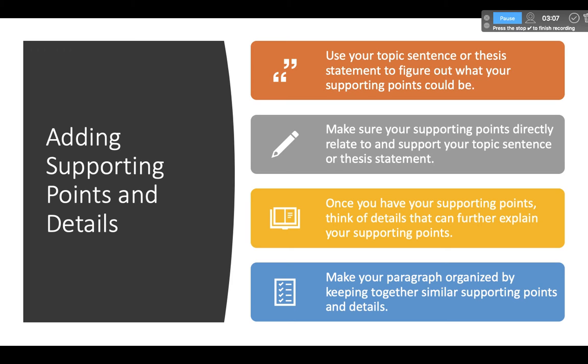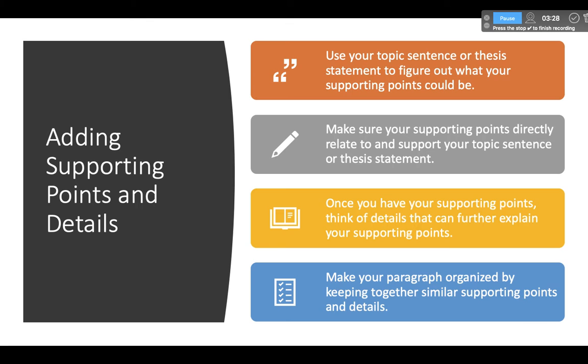Okay, so you see the pattern we're going with here. The points of support in your thesis statement inform the topic sentence for each body paragraph. And then the topic sentence for each body paragraph will inform what sorts of supporting points and details you implement into your body paragraph.